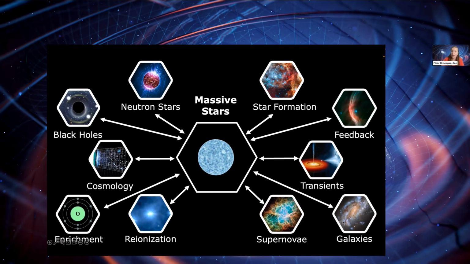They often outshine star-forming galaxies, especially early on in our universe. They might be the reason for the reionization early on in the universe, and they produce black holes and neutron stars when they die. And if that's not enough, they are also responsible for many heavy element productions, such as all the oxygen that we breathe today here on Earth.